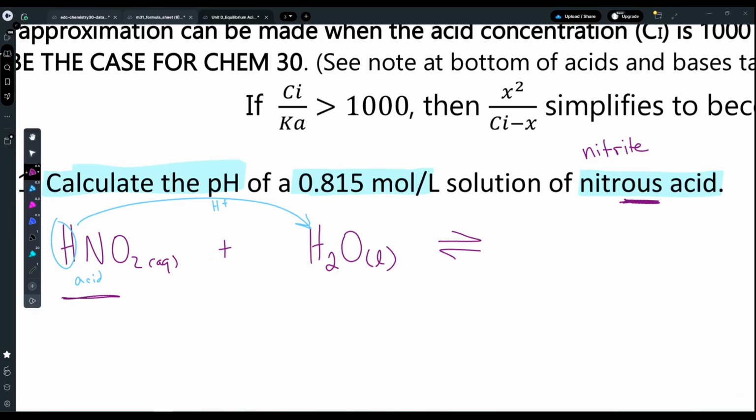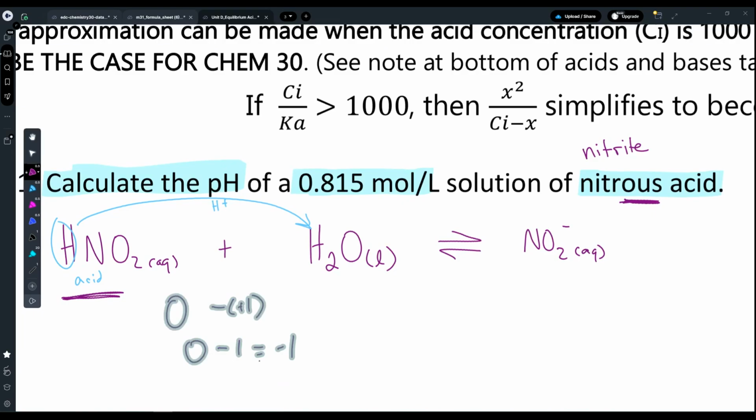So if I imagine nitrous acid with one less hydrogen, that's going to be NO2 with a 1 minus charge. You can check the charge either using your polyatomic ion table, or you can go, well, nitrous acid started out with a neutral charge, I lost a proton, so 0 minus 1 is equal to -1.